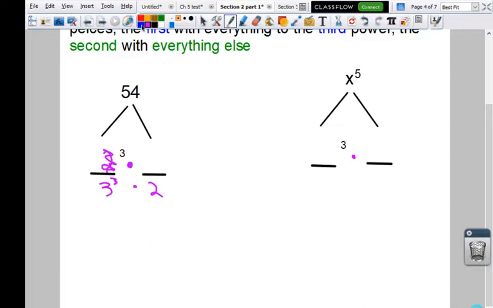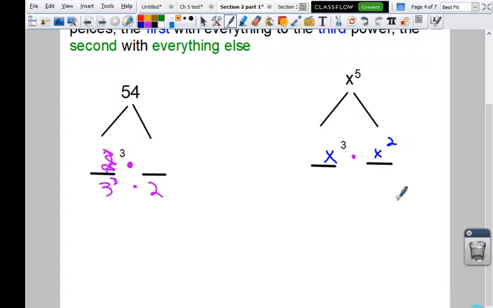And now I'm going to look at x to the 5th. I want to split apart x to the 5th to have an x to the 3rd times, how many other x's are left if I have x to the 3rd for my first one? 2 of them, right? So times x squared. This is still x to the 5th. I have 1, 2, 3 x's here, 4, 5 now total with these ones.